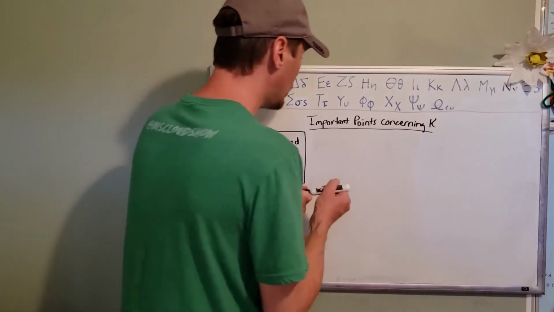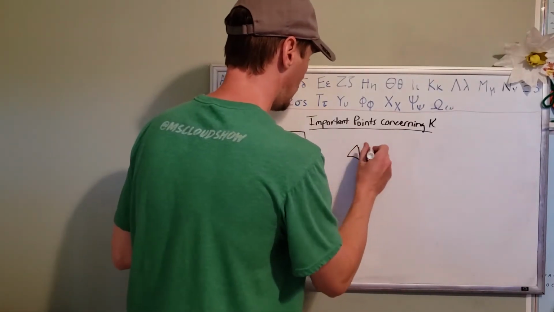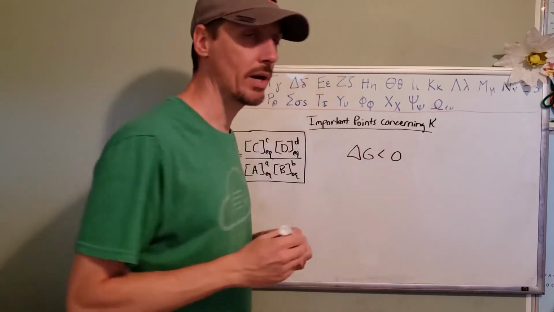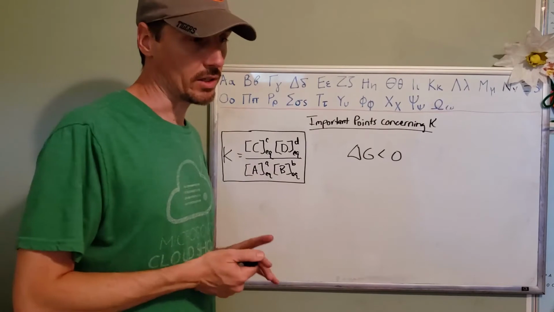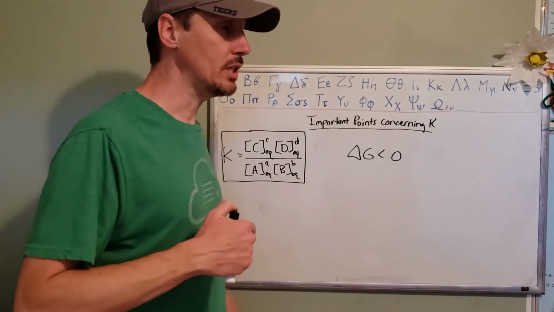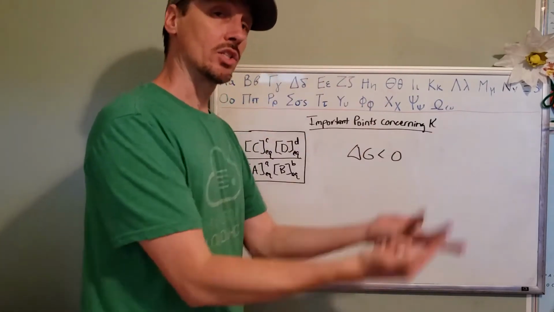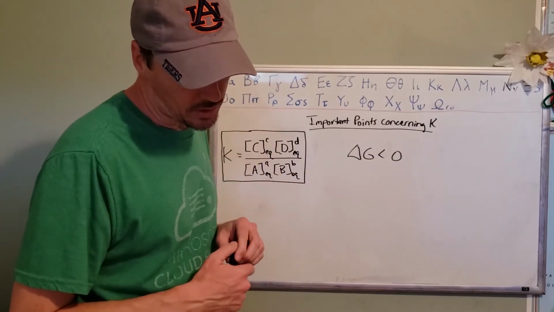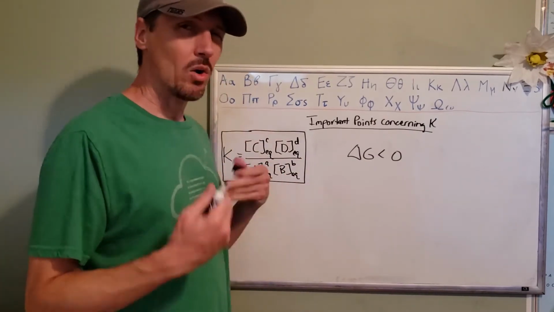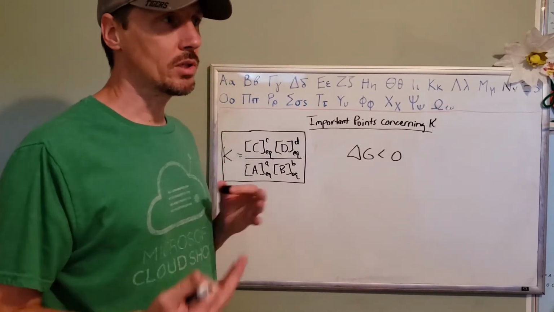So remember that, if change in G is less than 0, we said the reaction was spontaneous and it would continue without any outside intervention, right? Once the activation energy happened and the reaction started, then it would continue. It was considered to be spontaneous. Well, we didn't know about the equilibrium constant at that point, so we couldn't really talk to that.